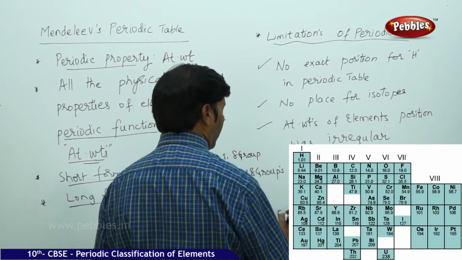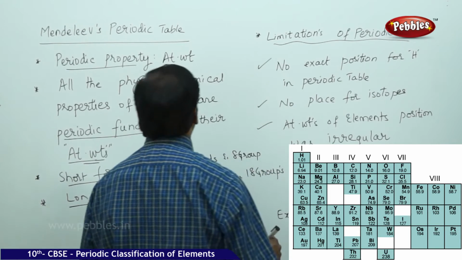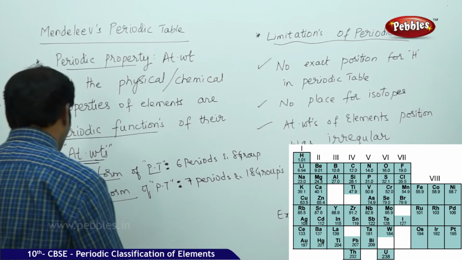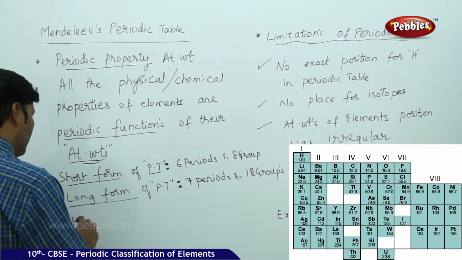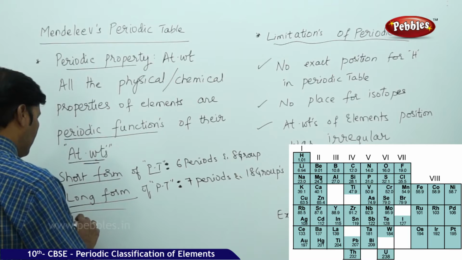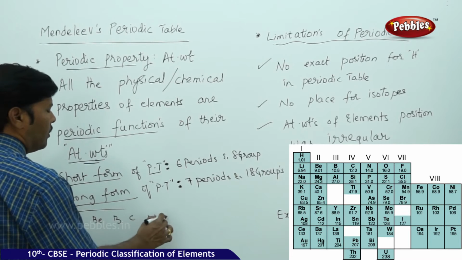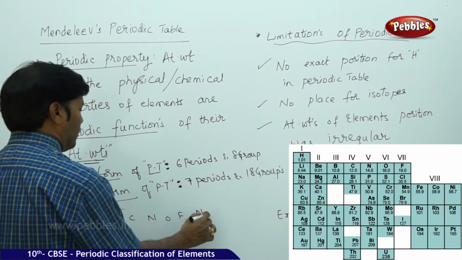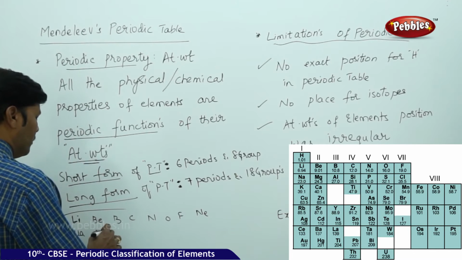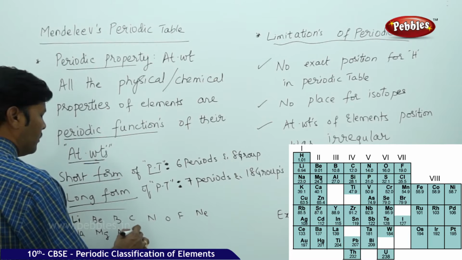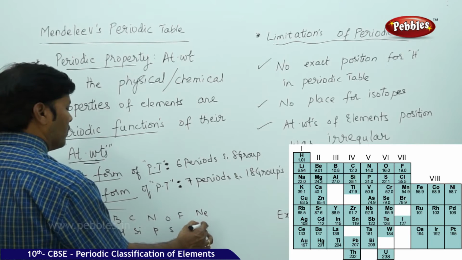One example I would like to give you: lithium, beryllium, boron, carbon, nitrogen, oxygen, fluorine and neon. Again, sodium, magnesium, aluminium, silicon, phosphorus, sulfur, chlorine, argon.